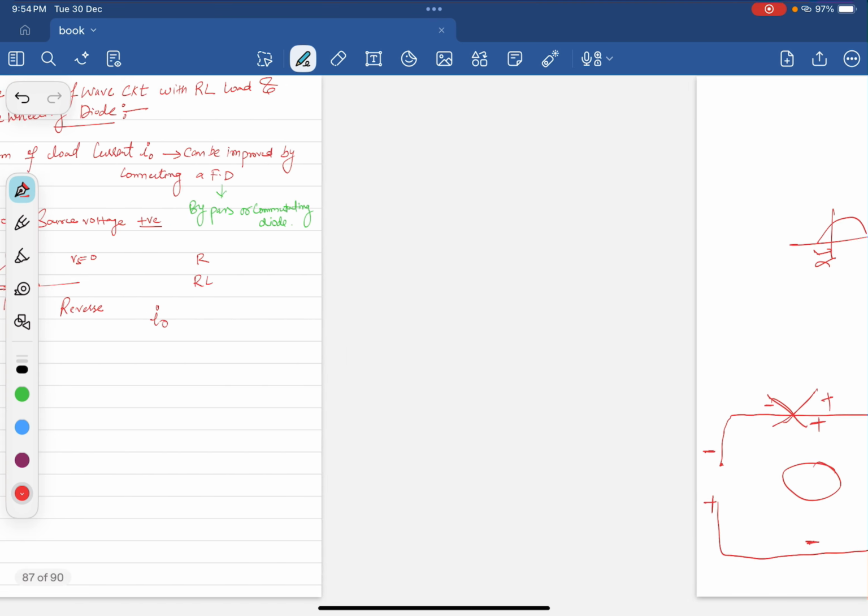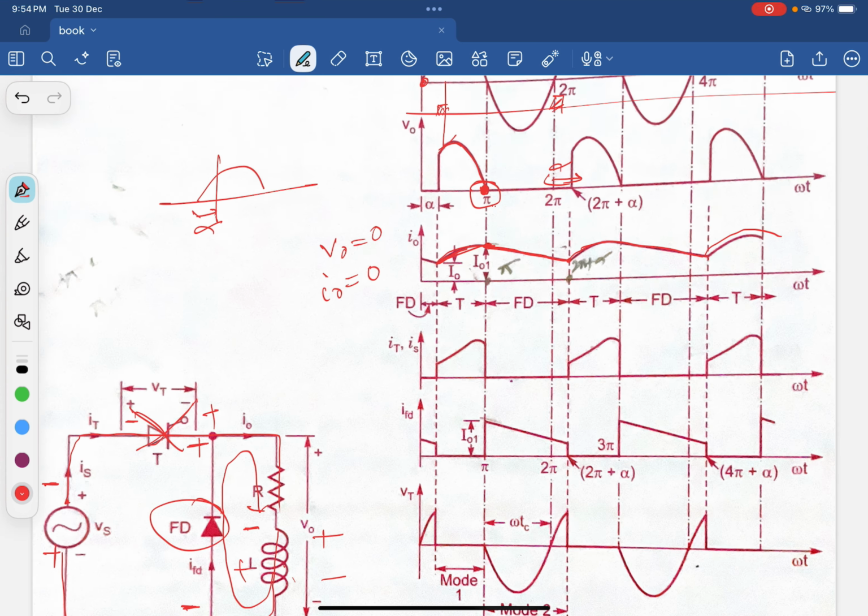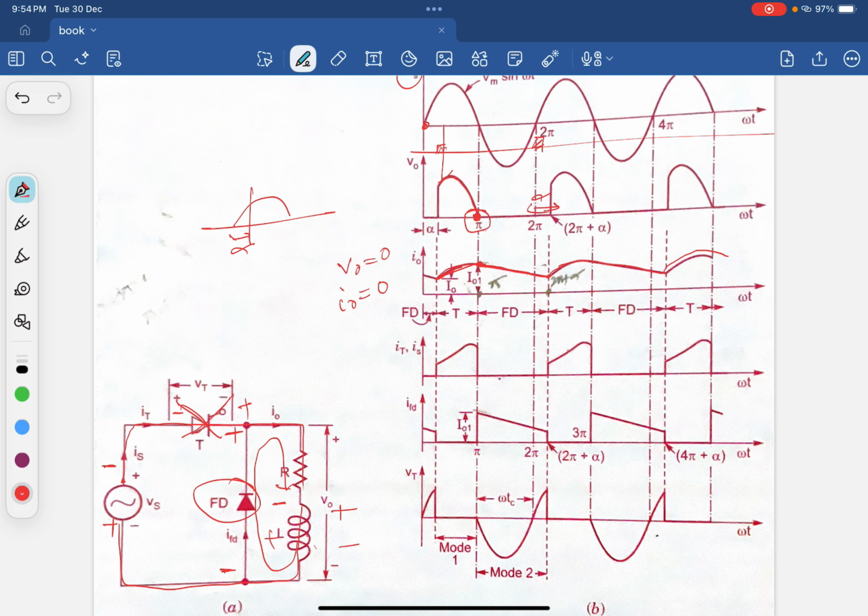But here, at the instant where the thyristor stops conduction, all the load is shifted to the freewheeling diode. So you can see here it rises, then it drops, then it rises.